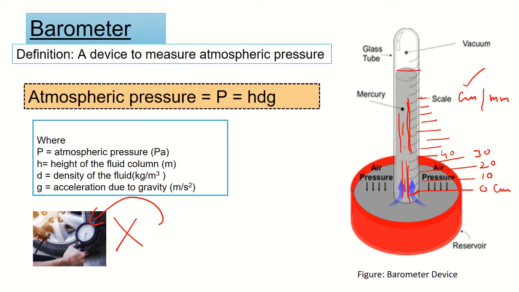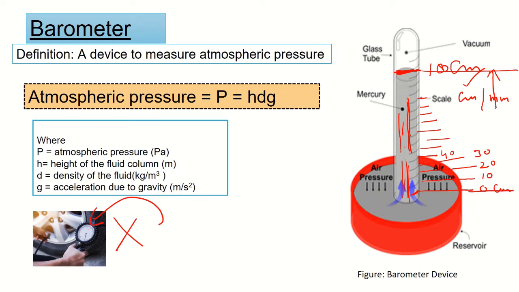Suppose this is 100 centimeter, so it reaches 100 centimeter. Beyond this level the mercury does not go up. So we take the distance between the last line where the mercury reaches and the 0 line, which is here.